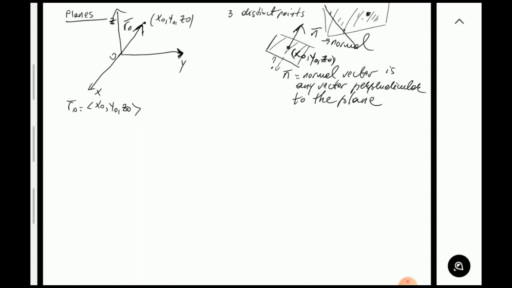And let's say the normal to the plane points like that. I'm going to use a different color. Let's use blue. Suppose this is a normal vector over here. Okay, so the normal vector, let's say, has components a, b, c.